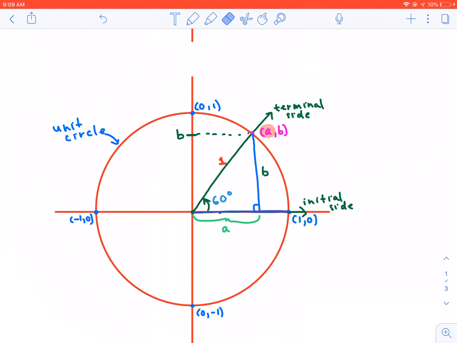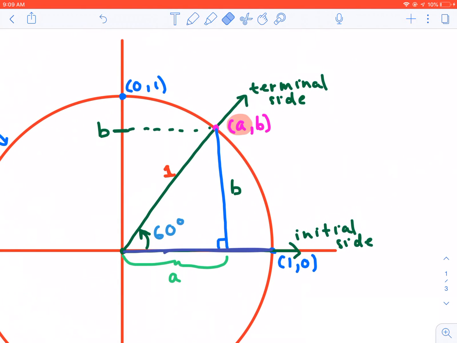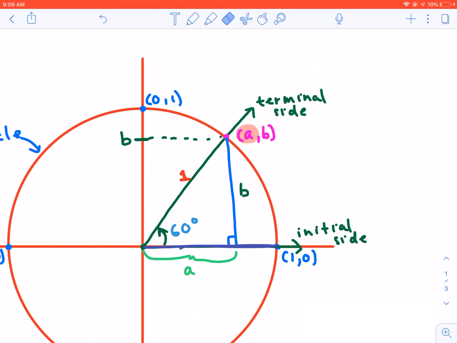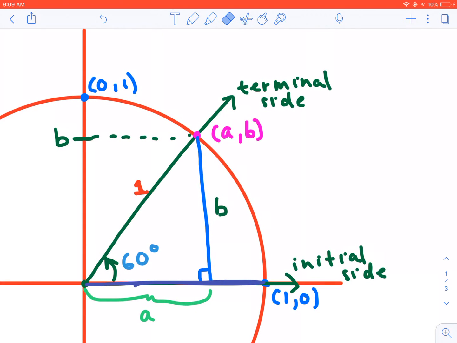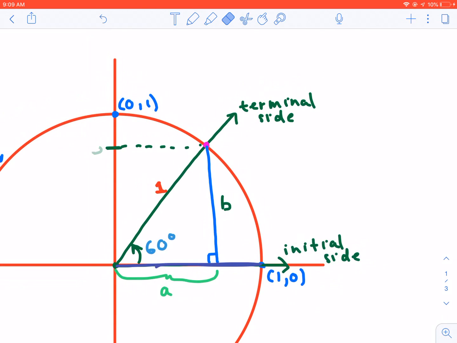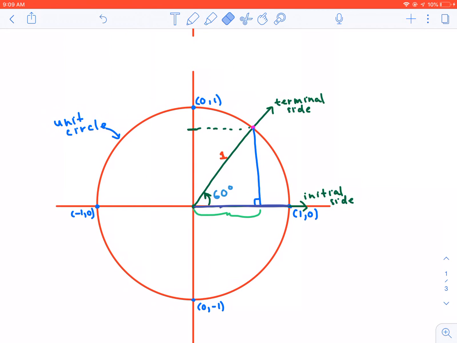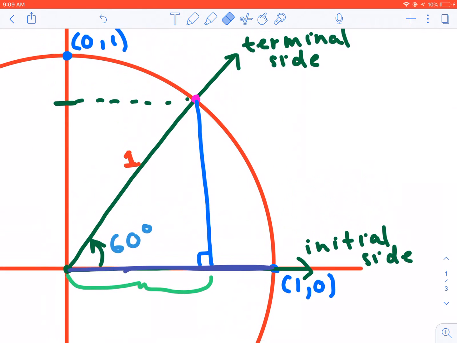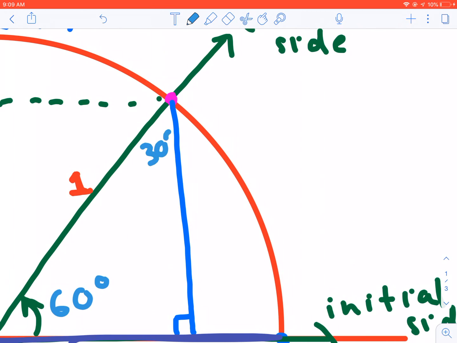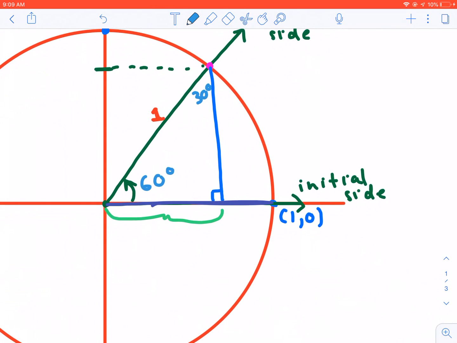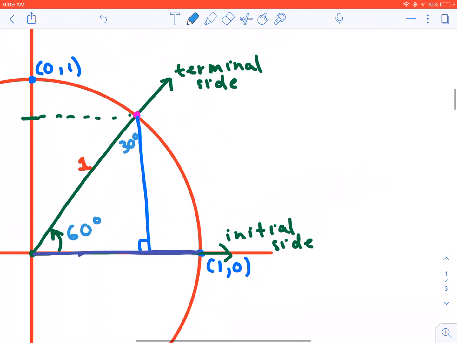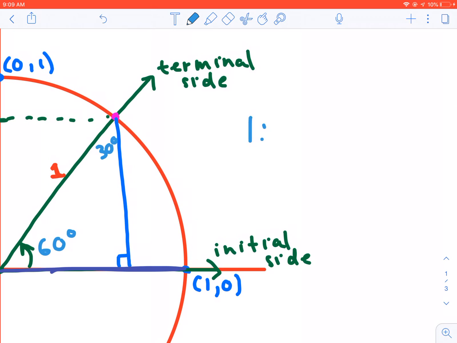Well, do we know what the sine and cosine of 60 degrees are? Hopefully we do. But if you forgot, let's just do it one more time. Alright. So if it's 60 degrees, this here would be 30 degrees, and the ratio is 1 to 2 to radical 3, or 1 to radical 3 to 2, in the 30, 60, 90 right triangle.